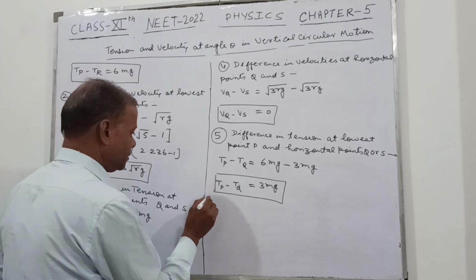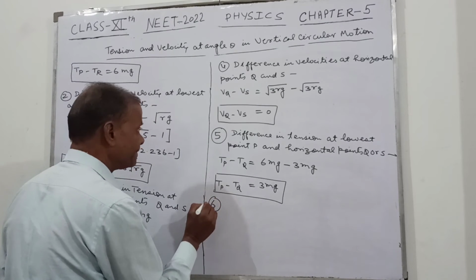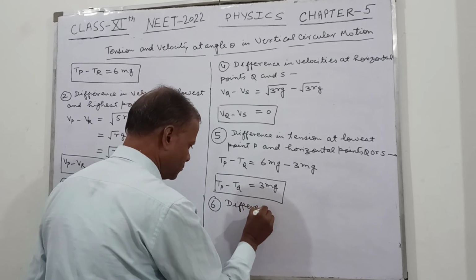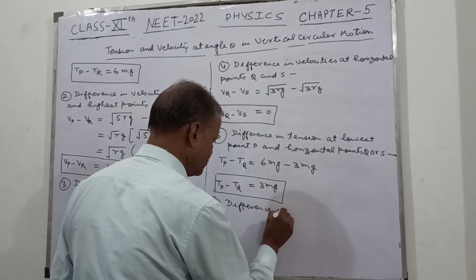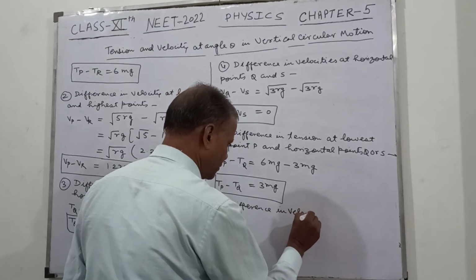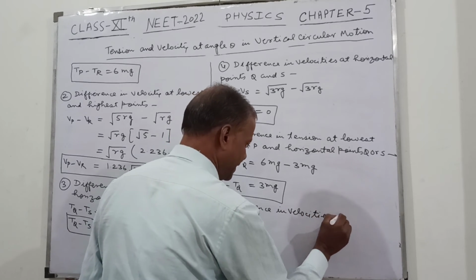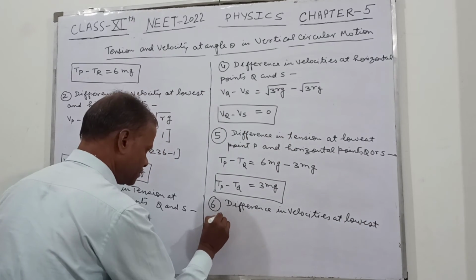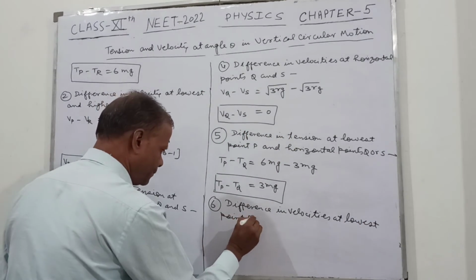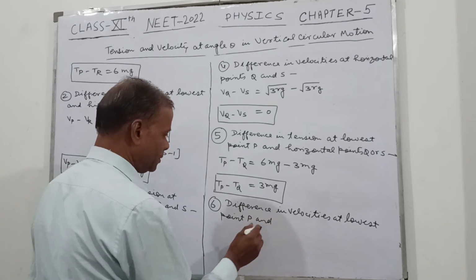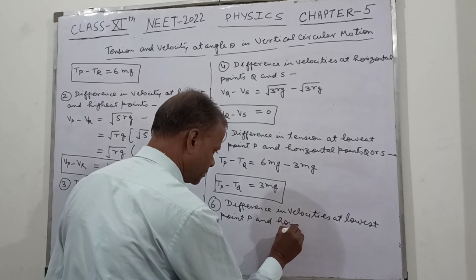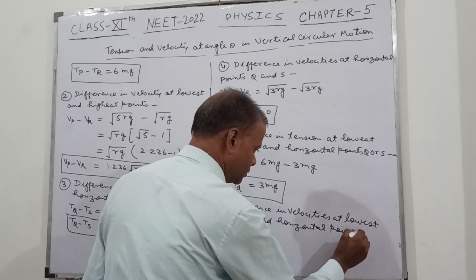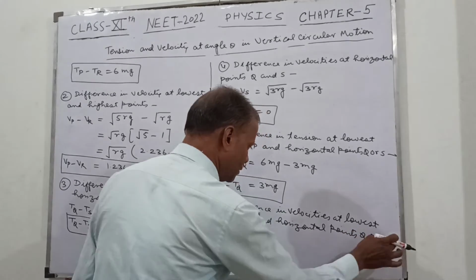Similarly, now we take the difference in velocities at lowest point P and horizontal points Q or S. What will we do?